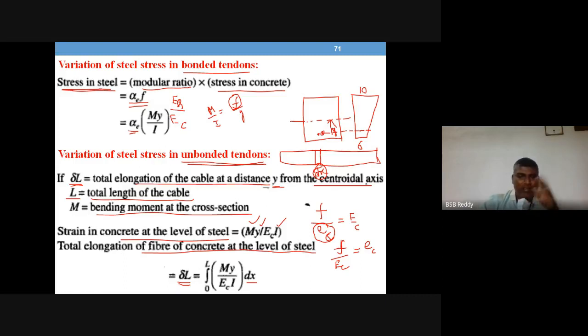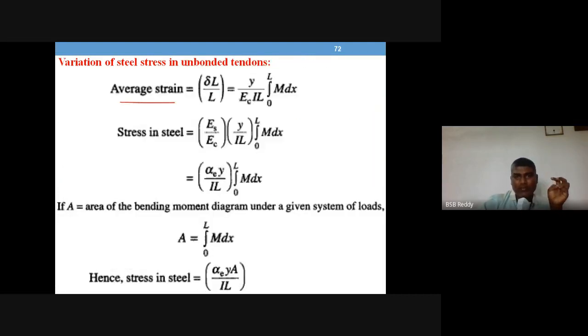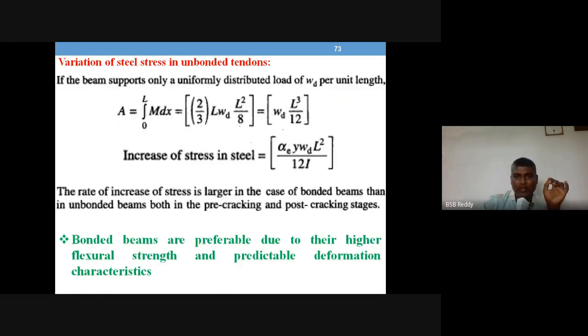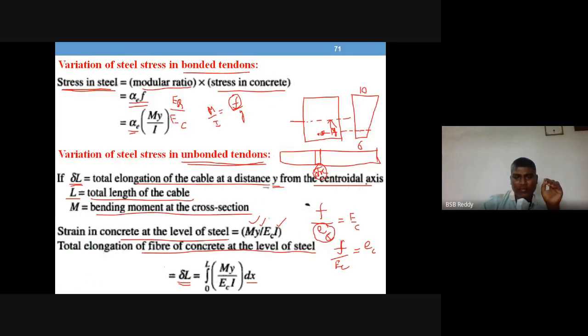Take all the constant terms outside. Y is constant because the distance from the centroid is the same throughout the beam. Y is the same, EC is the same, I is the same, L is the same. Only the bending moment varies.